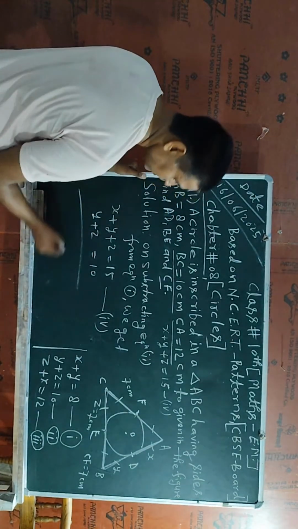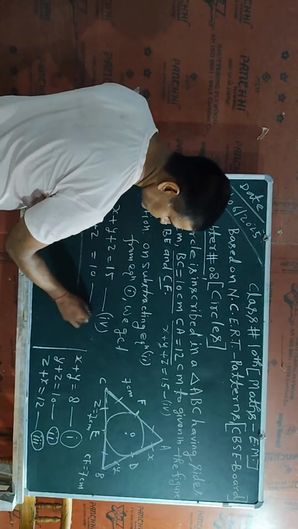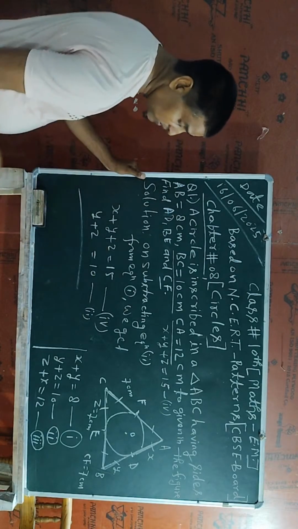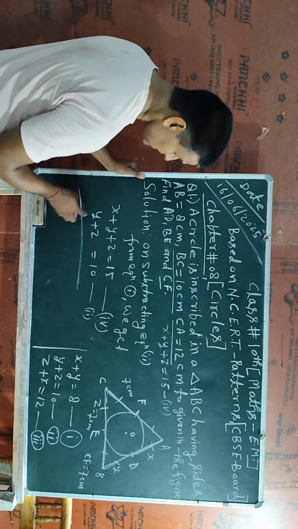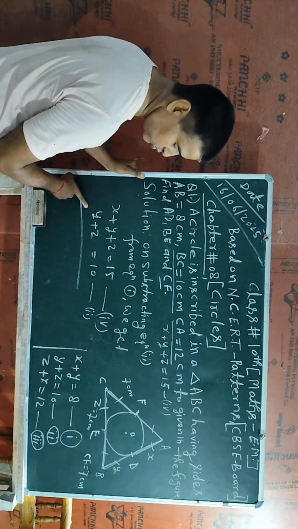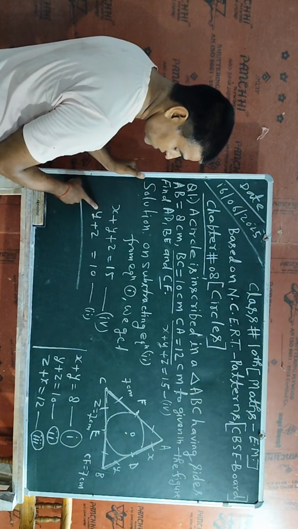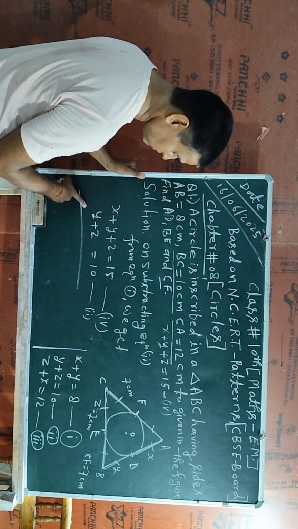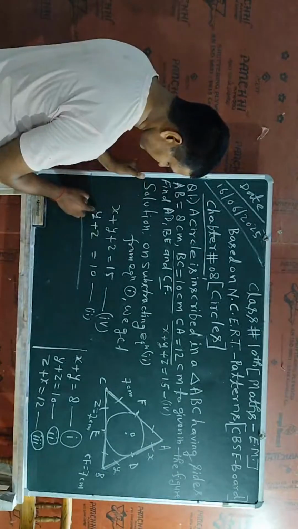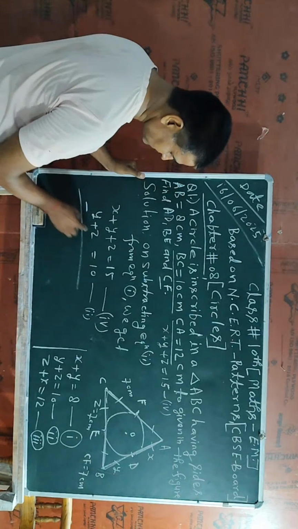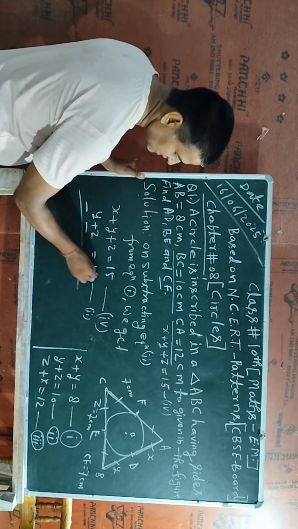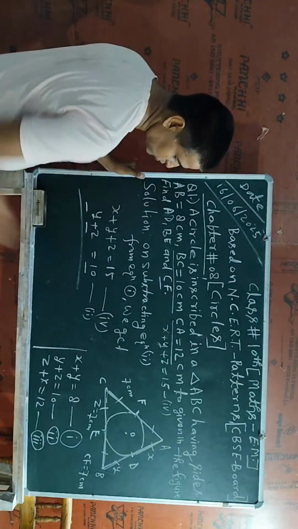Now I do the subtraction, so I will put a negative sign, because if a term has a positive sign I put a negative sign, and if it has a negative sign I put a positive sign, because I am subtracting. This y has a positive sign, so I put minus, this z has a positive sign, so I put minus, and this 10 has a positive sign, so I put minus.